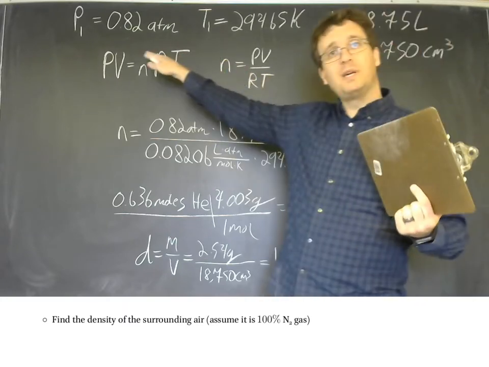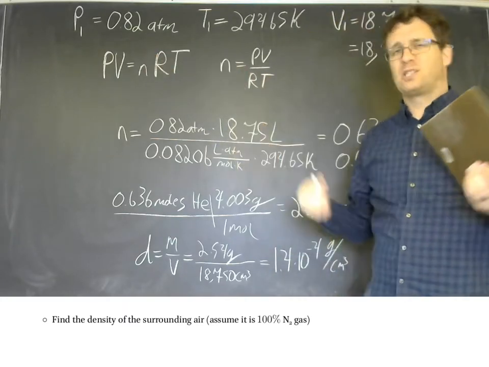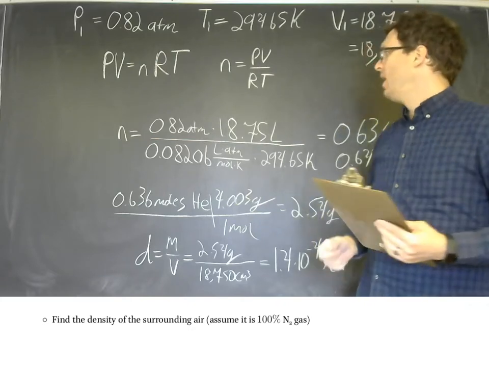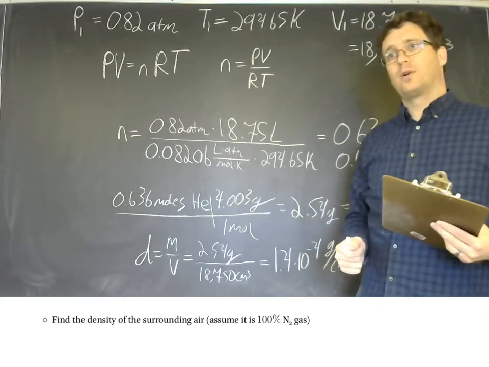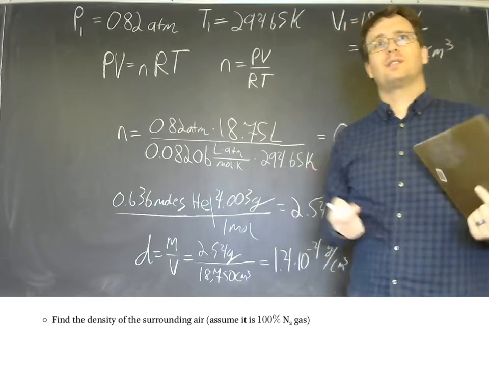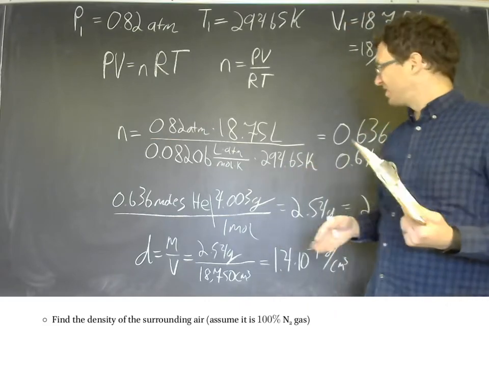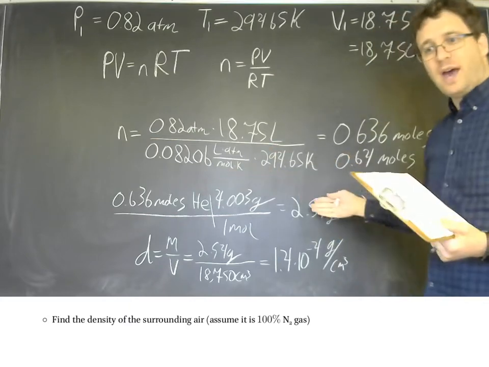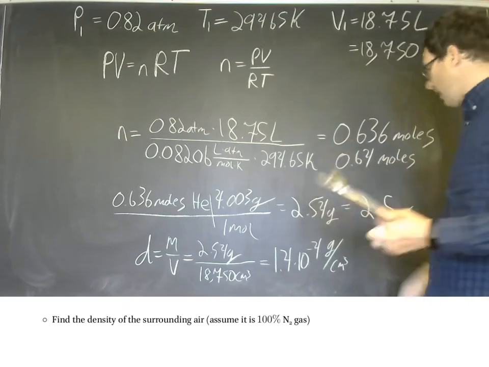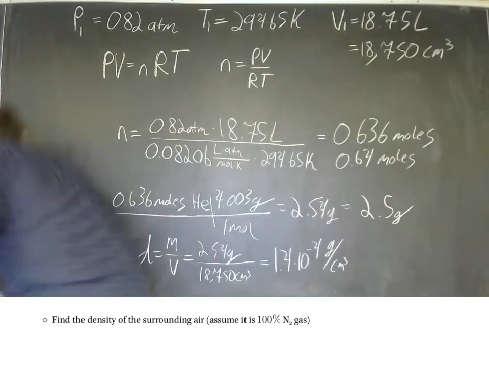Nothing about PV equals nRT is specific to the identity of the gas that you're talking about. And so if we were to find the density of the air around us, it might be easiest to just use these same numbers and assume that the balloon is filled with nitrogen. And so I really only need to change a couple of things.